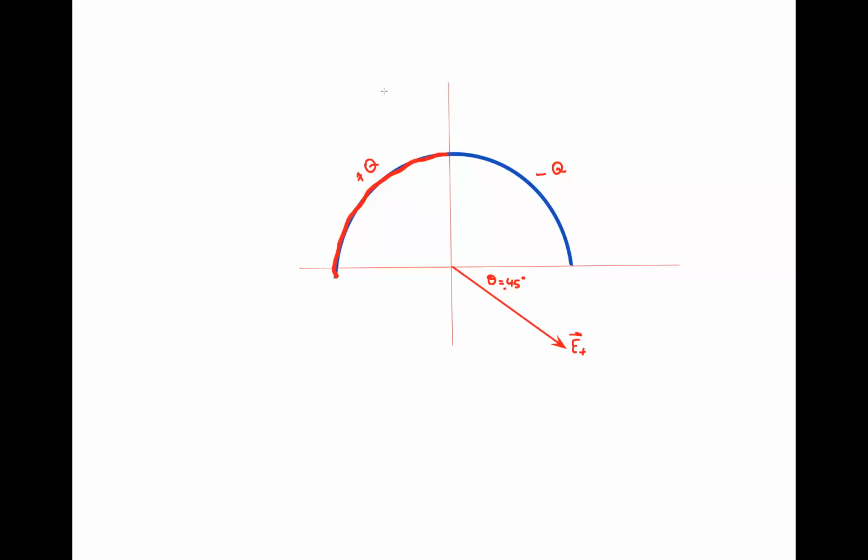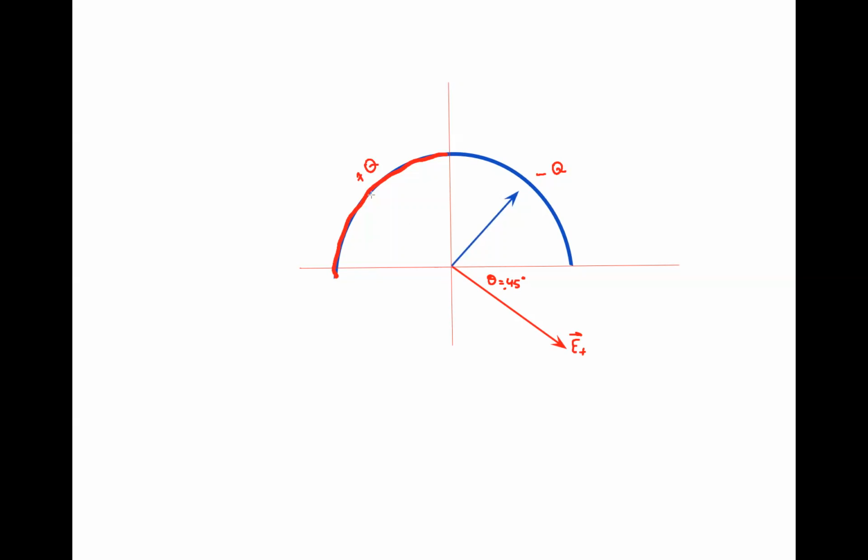You know that this positive part will create a field at the point O in this direction. Here we have negative, so it's like this. If we have here a positive charge, so it must be like this, because for the negative, E must be in this direction.